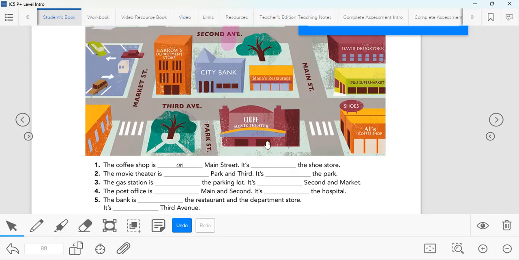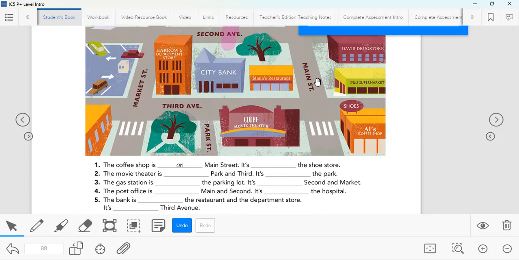But I won't say, for example, it's on Second Avenue, right? It's not true. Or between. Between what? If there is nothing next to it, look, it's the whole block of the movie theater. Or I could say the streets. Is between Park Street and Main Street. Yes or no?